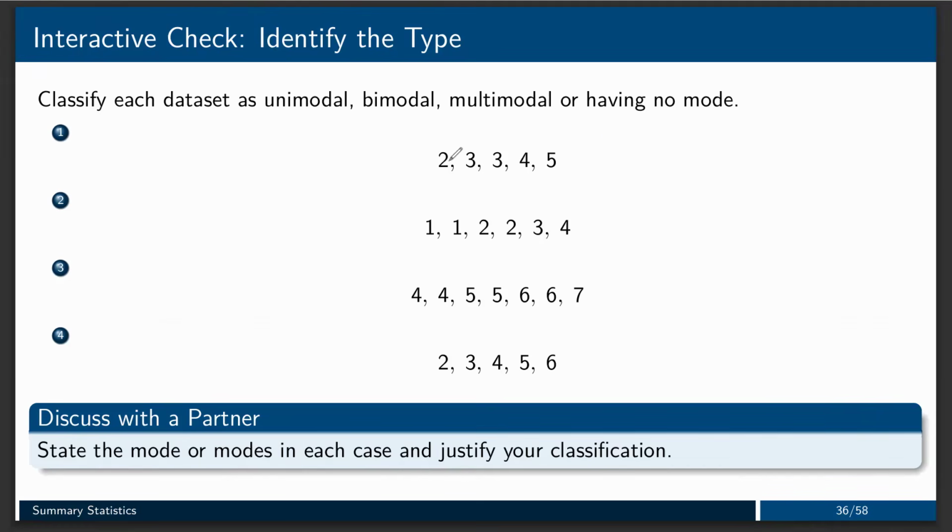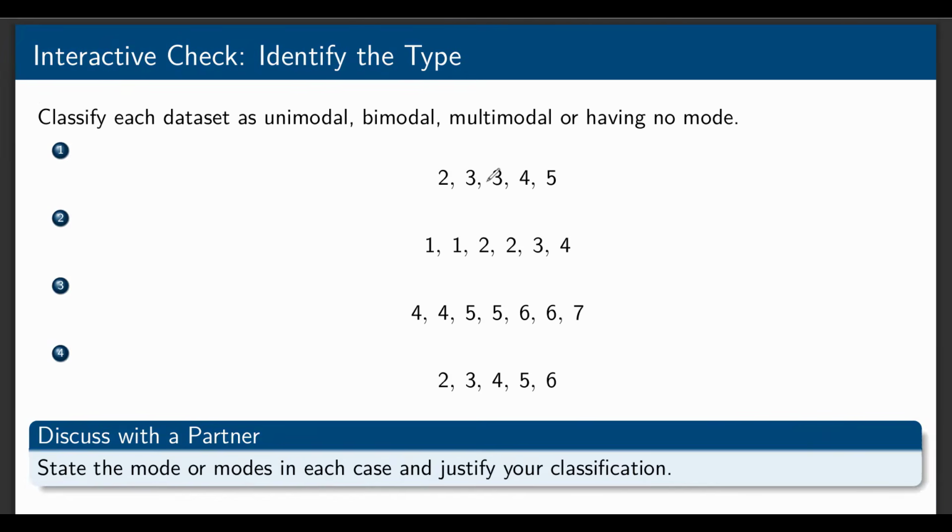In this case, we have 2, 3, 3, 4, 5. 3 occurs twice, and 3 is the only number that occurs twice. All the others occur once. So then the mode here is, let me just write here mode and make this like a table.